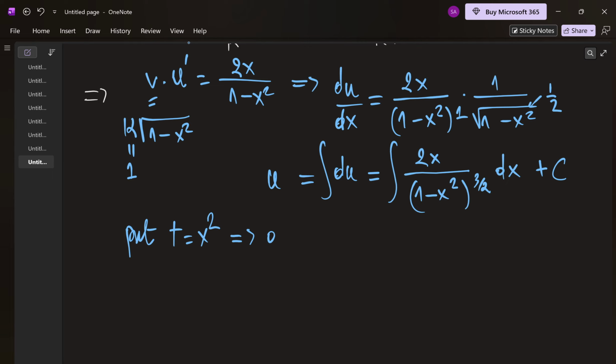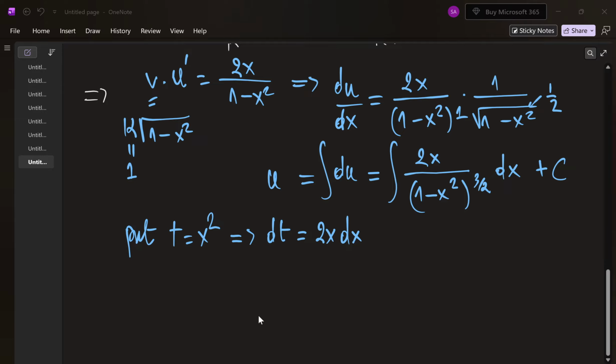So this gives you that dt is simply the derivative of x squared, which is 2x times dx. Is there any question? So you substitute what you get.